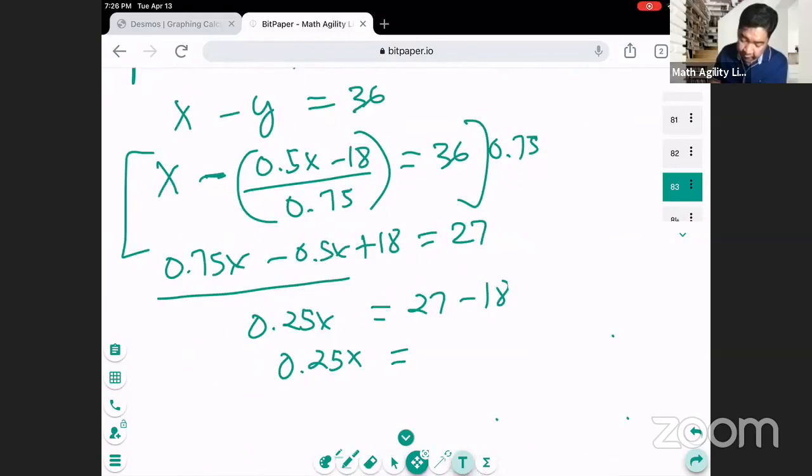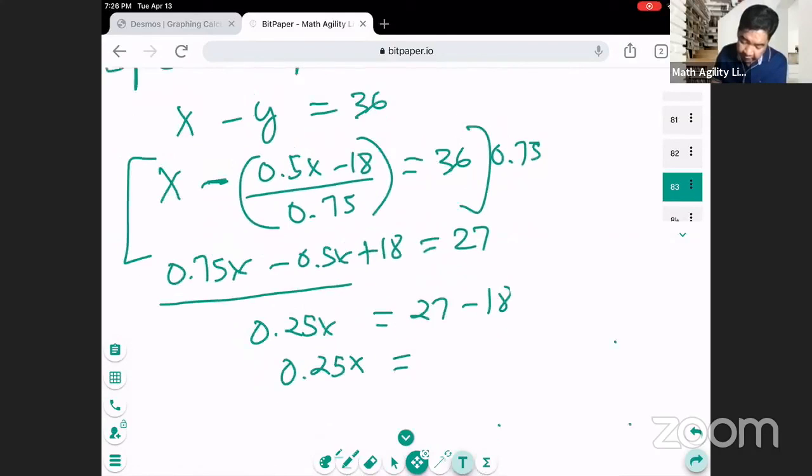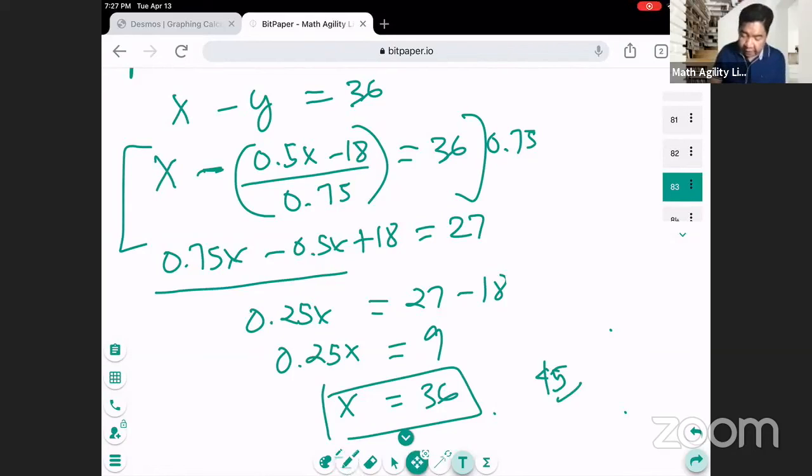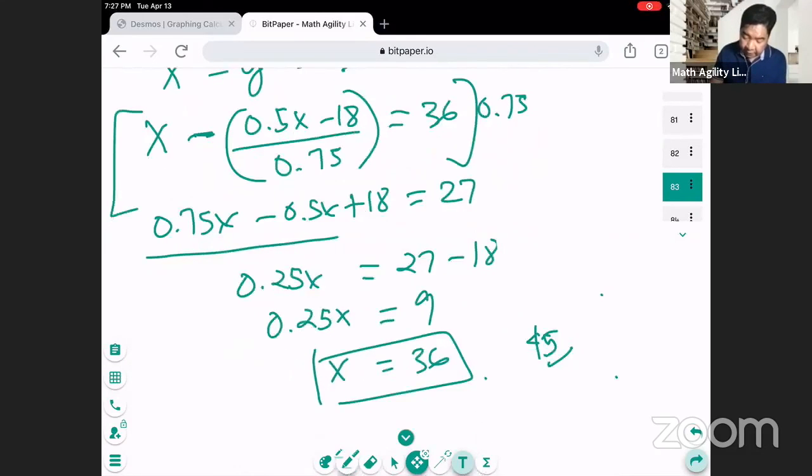Okay. Actually, I got 9 here and x is 36, but it should be 45. Okay, later I will comment on why I got a different answer.